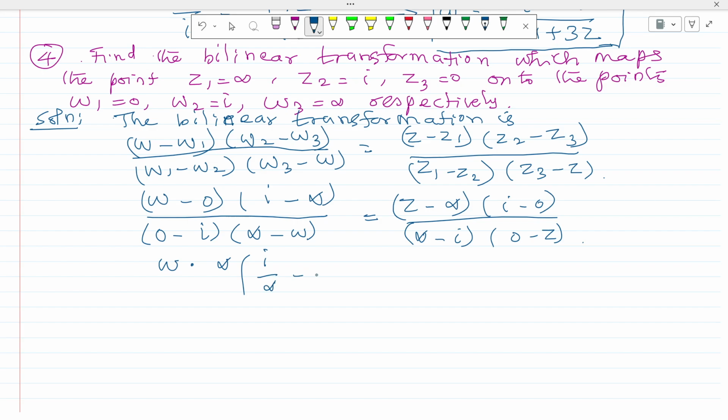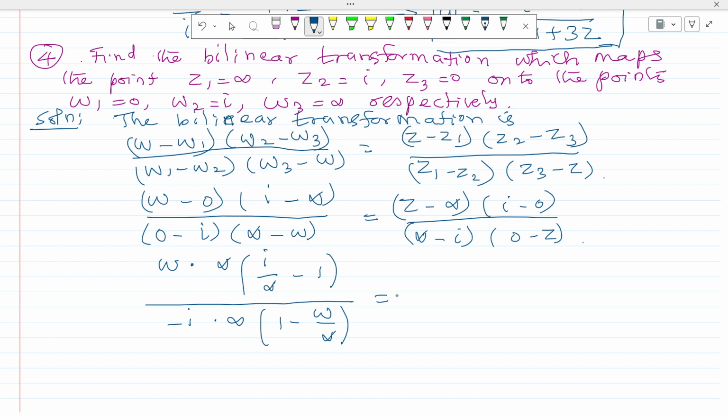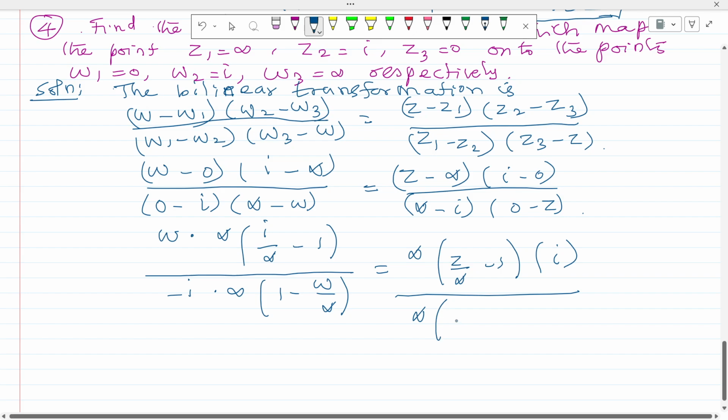I by infinity minus 1, divided by minus I. Here also, taking infinity outside, 1 minus W by infinity equals, in case you are taking that infinity outside, Z by infinity minus 1 and then I divided by 1 minus I by infinity minus Z. Okay, fine.